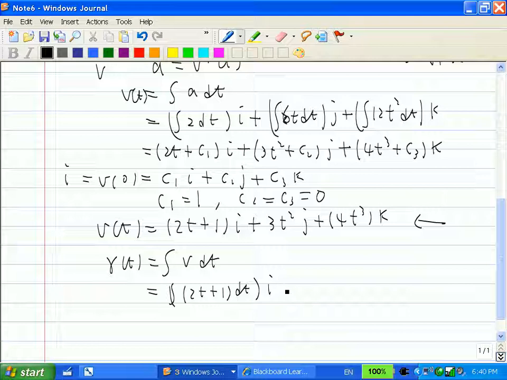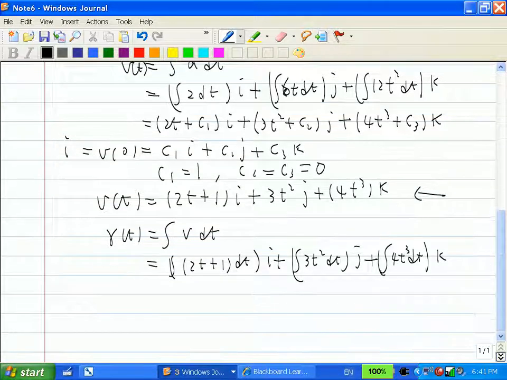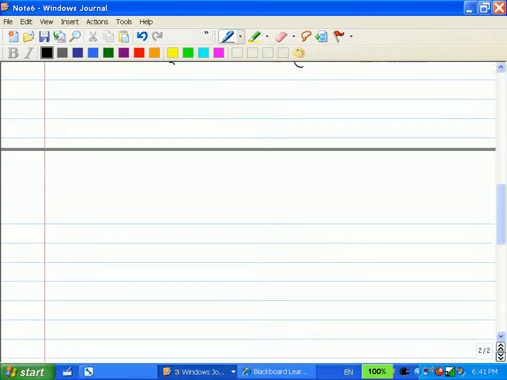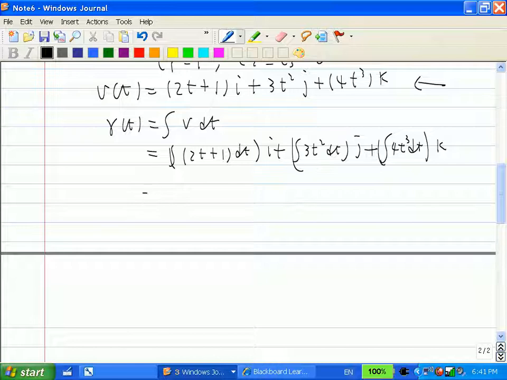Integrate the coefficient of i, then integrate 3t squared dt, the coefficient of j, then integrate 4t to the third dt, the coefficient of k. The first one gives you t squared plus t, since integrating 1 gives you t, then plus a constant, which we call C1 again.